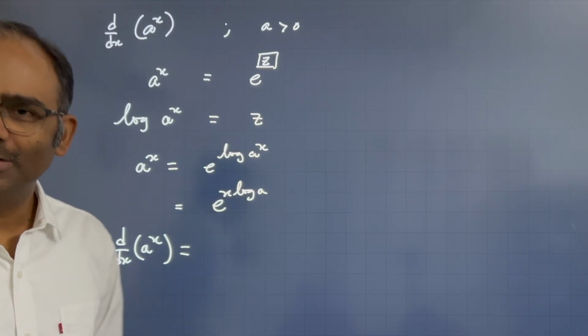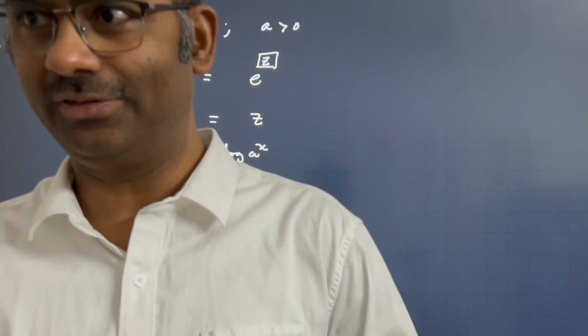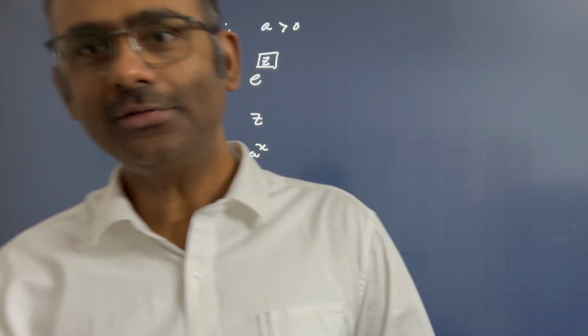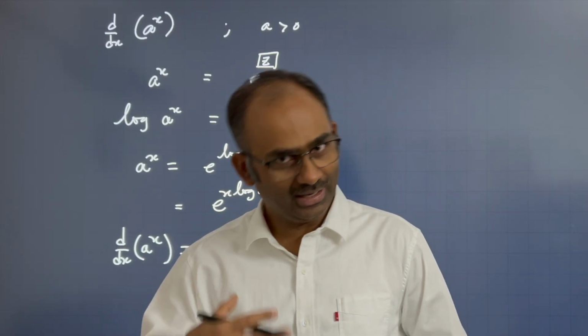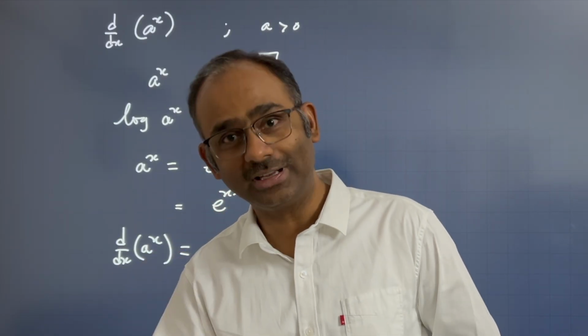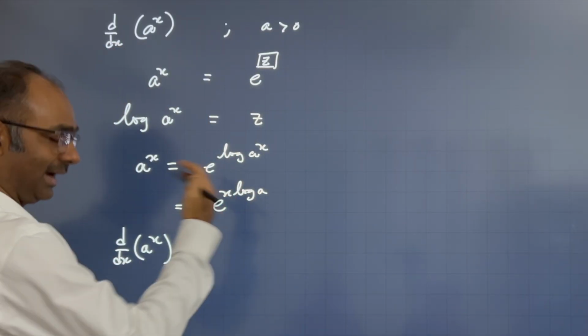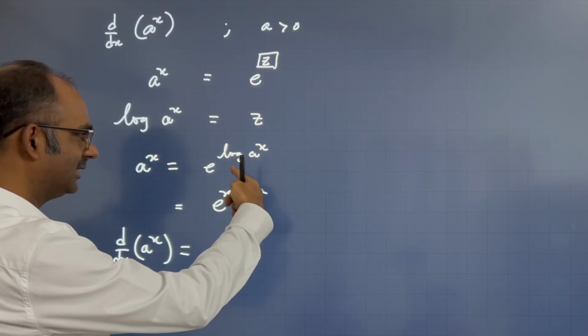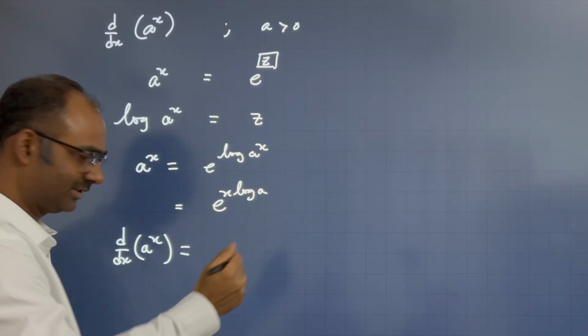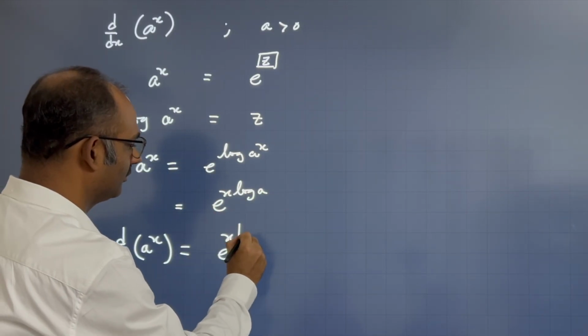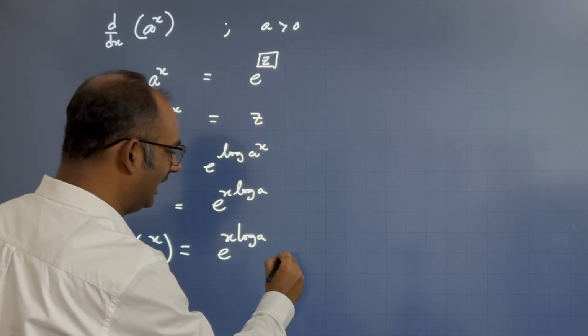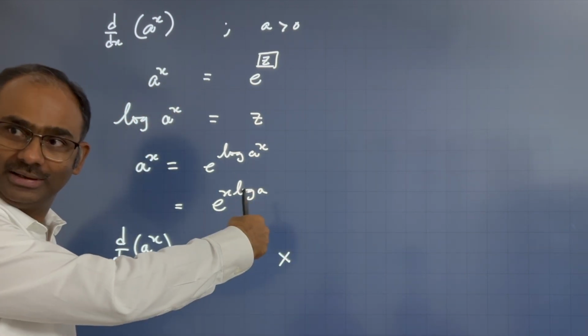You know the derivative of e to the x is e to the x, the same function. So derivative of a to the x is almost a to the x, except for a small factor because you have chosen a different base. I am using chain rule now: derivative of exponential function is the same function times derivative of the argument.